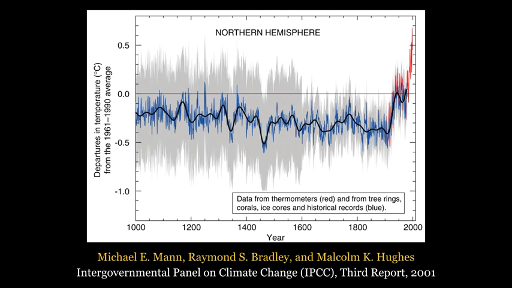Between the year 1000 and around 1900, global temperatures more or less remained stable. They went up, they went down, but within a relatively narrow margin. But right after 1900, in the 20th century, global temperatures started spiking up extremely quickly.